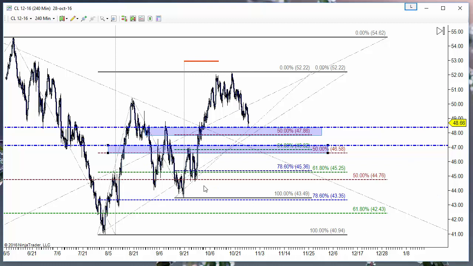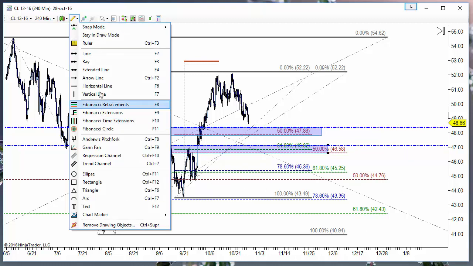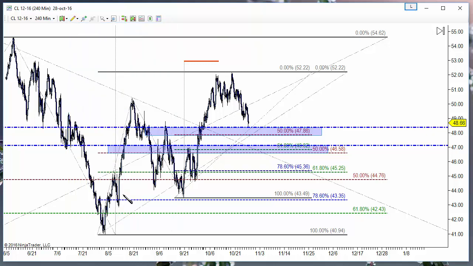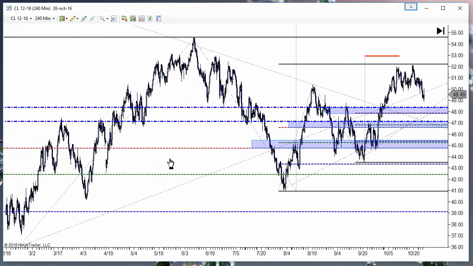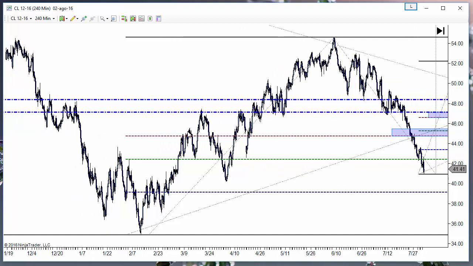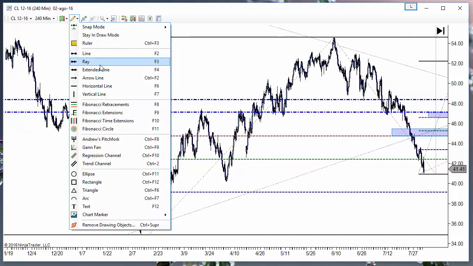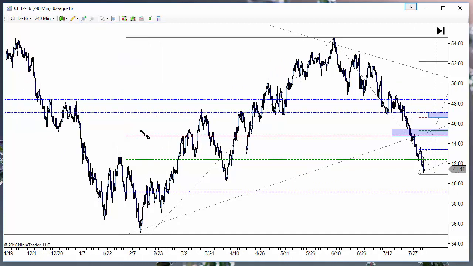And finally, we can mark all this area with 3 fibs: a 50 with a 61.8 and a 78.6. We also have some pivots. This low pivot with this high pivot.